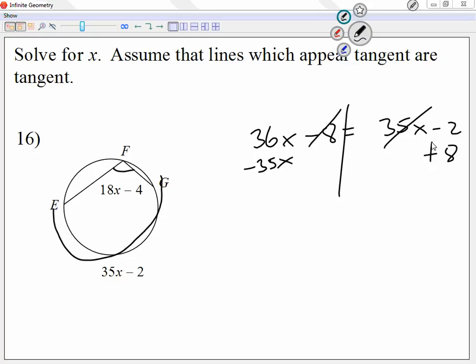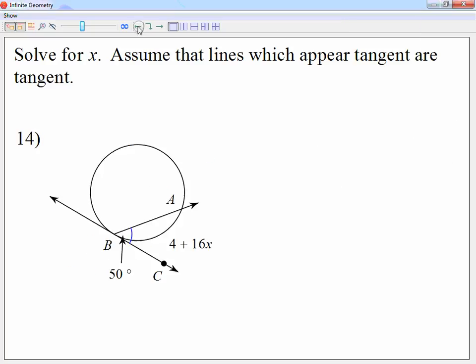So remember, every time we want the arc, get the angle and multiply it by 2. So in number 14, we have to multiply it. Okay, so the angle is 50, right? If the angle is 50, how big is the arc? 100. So let me just say 100, notice how I multiplied the angle times 2.